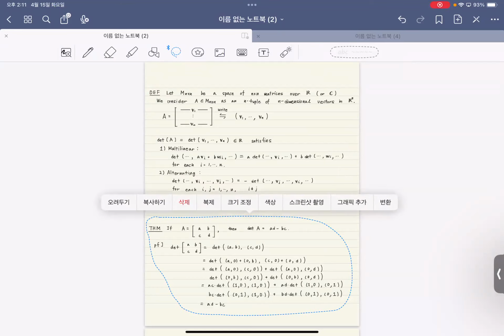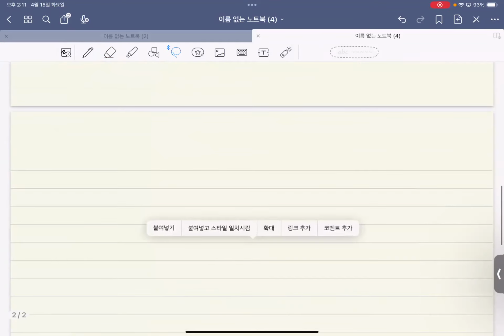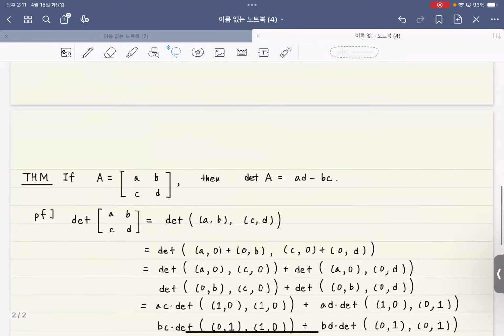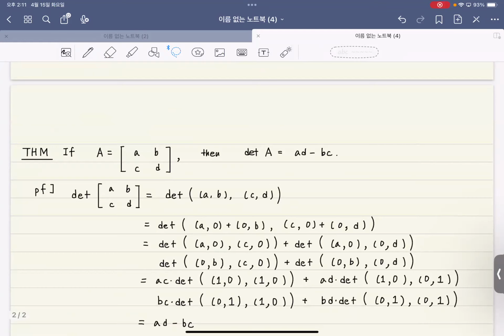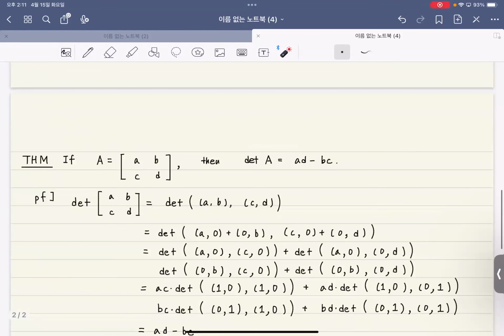Say I have a 2 by 2 matrix, and I want to compute its determinant using these three properties that I listed above. It turns out the determinant of this 2 by 2 matrix is this guy times this minus this guy times that.